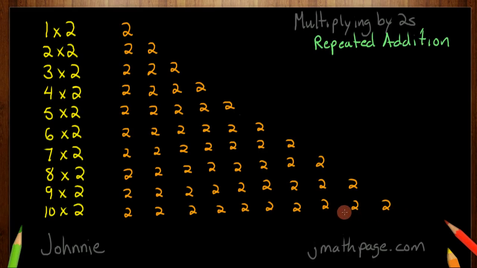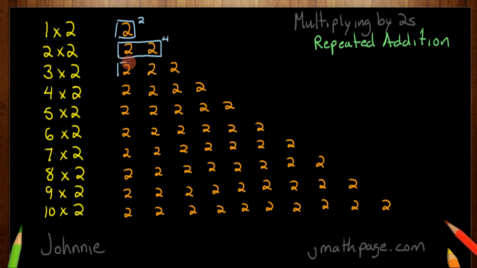Now, I want to think about breaking this down somehow so that we can understand it a bit better. So let's think about this for a minute. I know that one 2 is the same as 2. I know that two 2's is the same as 2 plus 2. 2 plus 2 is 4. I know that three 2's is 2, 4, 6.